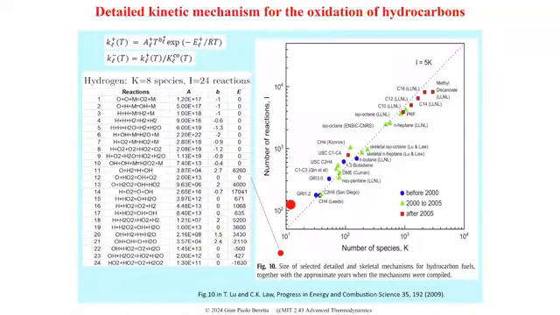Okay. So, for example, here are the rate constants for the set of 24 reactions that we already mentioned, that is the most trusted detailed kinetic scheme for the oxidation of hydrogen in pure oxygen.